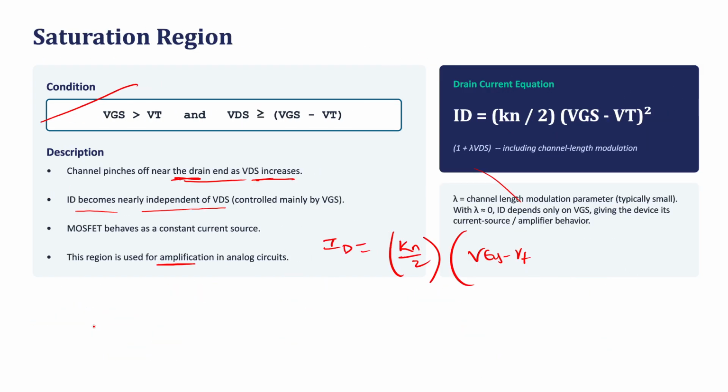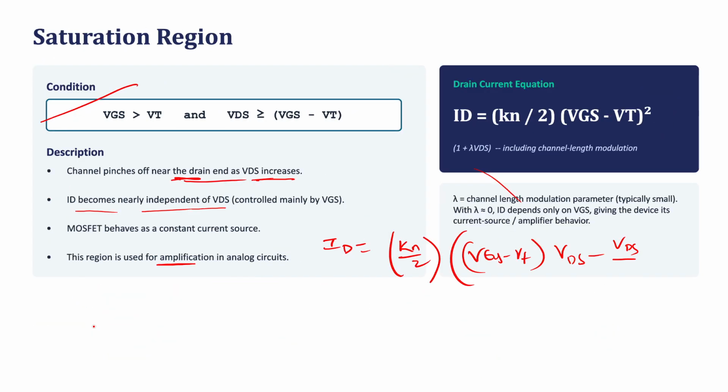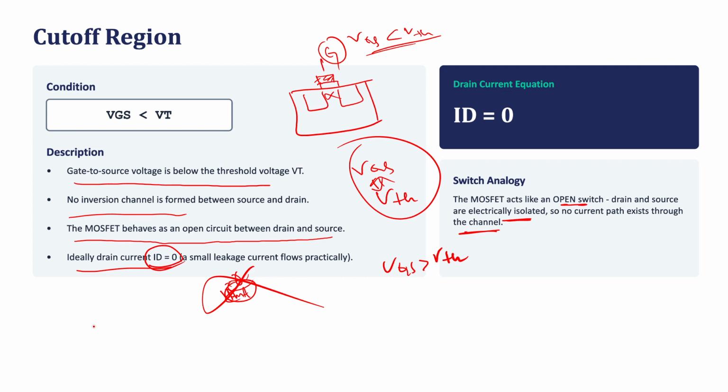Consider the previous equation: Kn (VGS minus VT) VDS minus VDS whole square by 2. Now the current is independent of VDS.